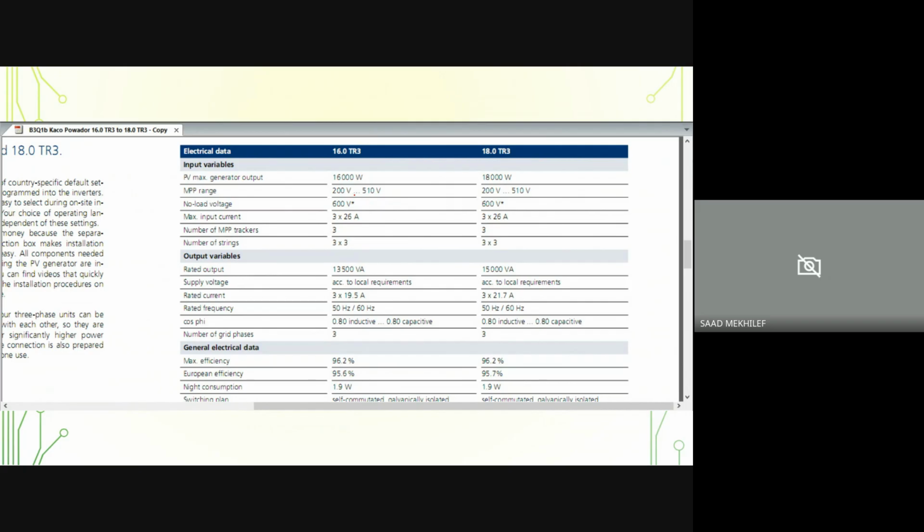This inverter works between 200 volts DC and 500 volts DC. The maximum input current is 3 times 26 amp. The number of MPP is 3, so you can connect 3 strings to this. See the output.